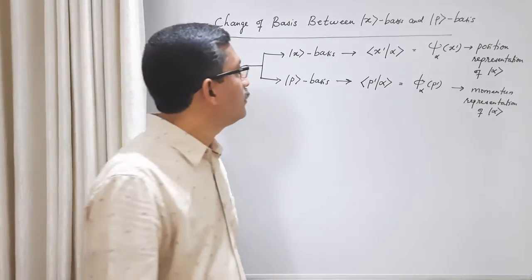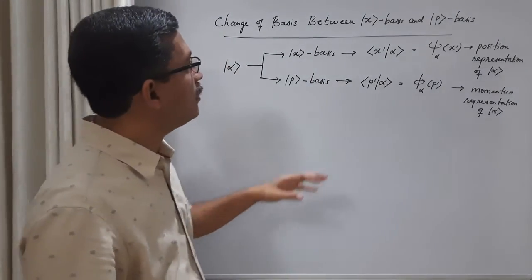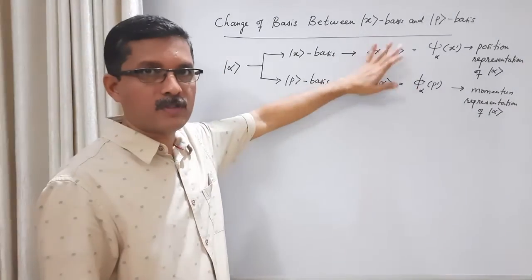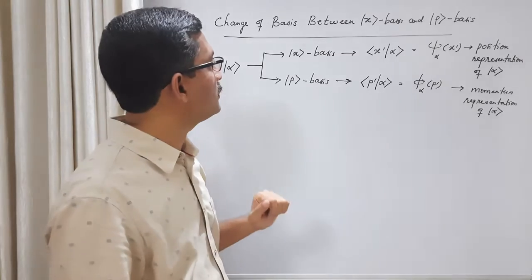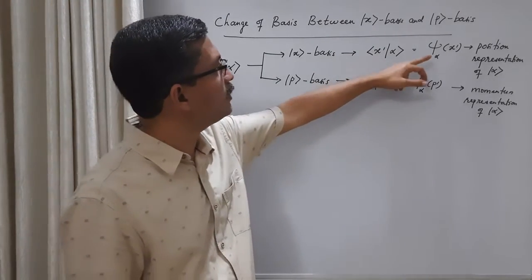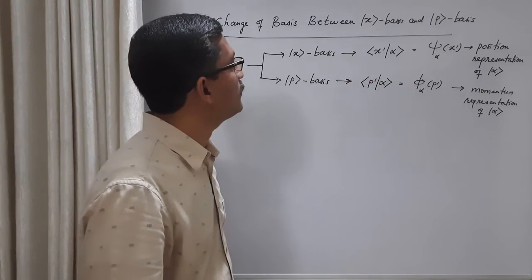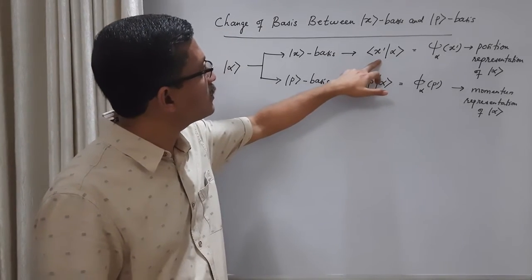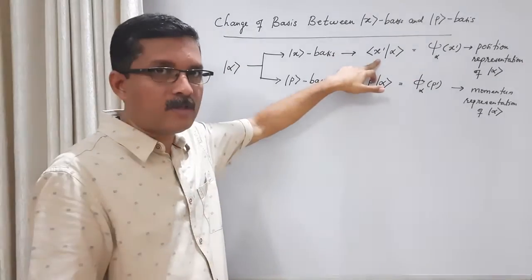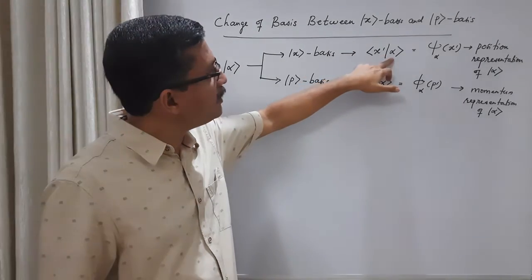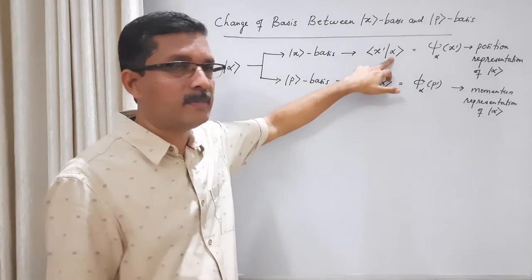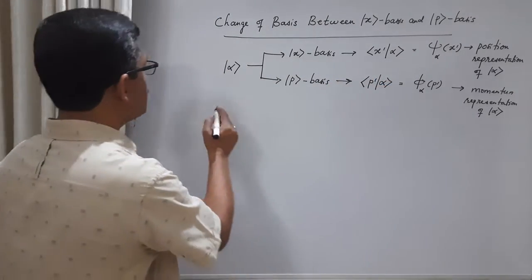Now the question is, how do we move from one basis to the other, from position basis to momentum basis? So let us start with this one, the position wave function. This we can express in momentum basis by expanding this general ket in terms of momentum basis. So let us do this.